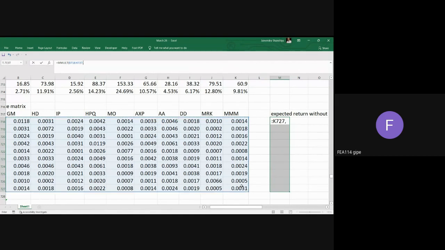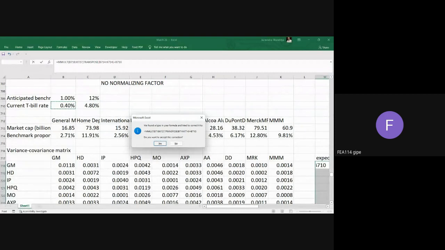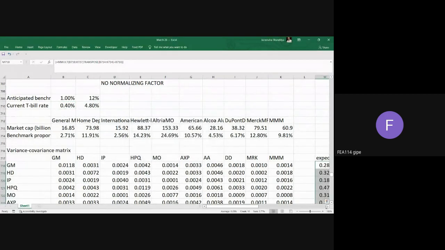And then I do the transpose of my weight, which is this weight, and then I close this bracket, and from here I add the risk-free rate, because the risk-free rate is what was there in your original, and I'm not using normalizing factors. So the risk-free rate is the T-bill rate. Okay, and if I do it, I think there was some bracket issue. So just see it here.